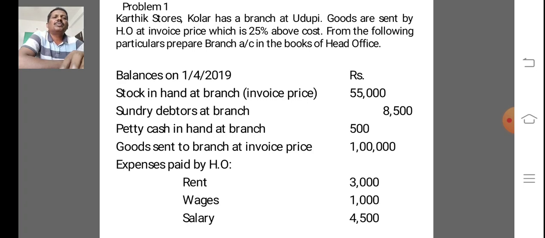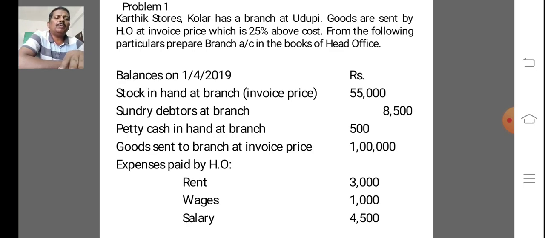Such price is usually called a loaded price or invoice price. However, while ascertaining the results of the branch at the end of the year, such load, the difference between invoice price or inflated price and the cost price, must be adjusted.